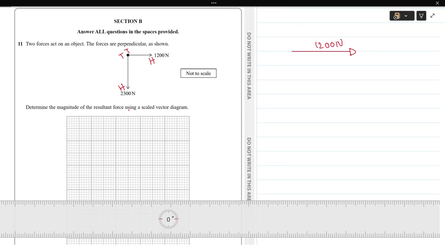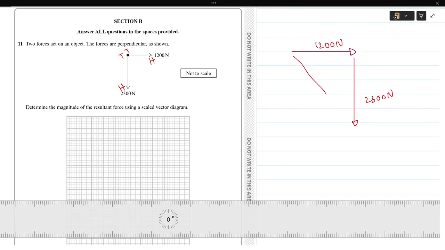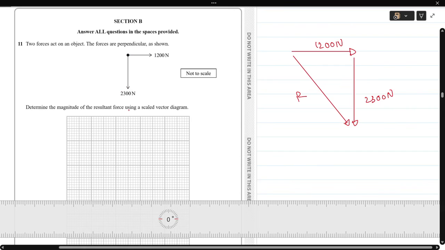1200 Newton, and we know that in a vector diagram we can move the vectors parallelly. So let's make this the 2300 Newton, and this is going to be our resultant force. Now if you want, you can actually move this one too.